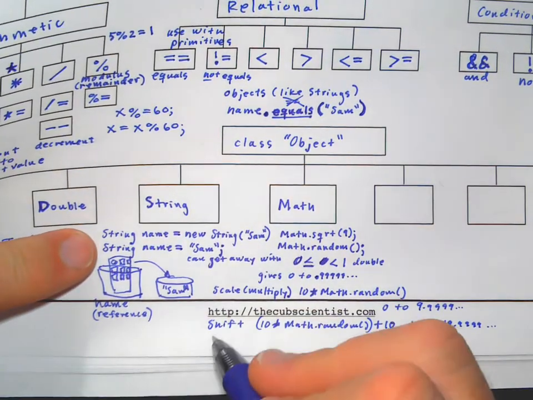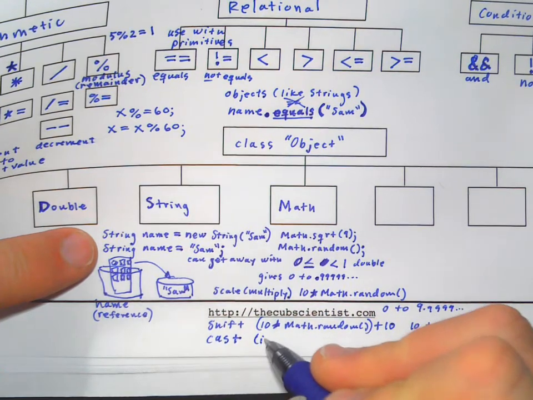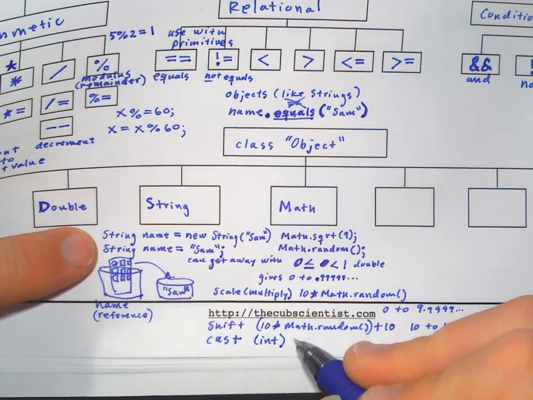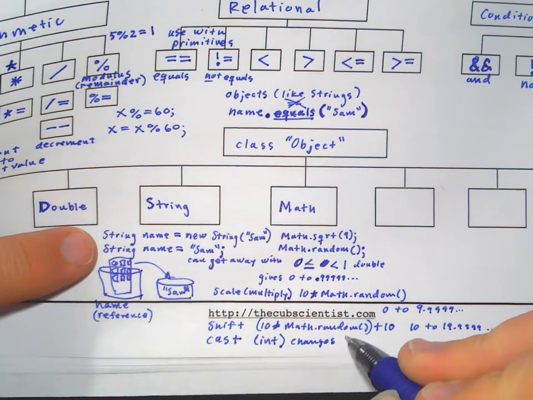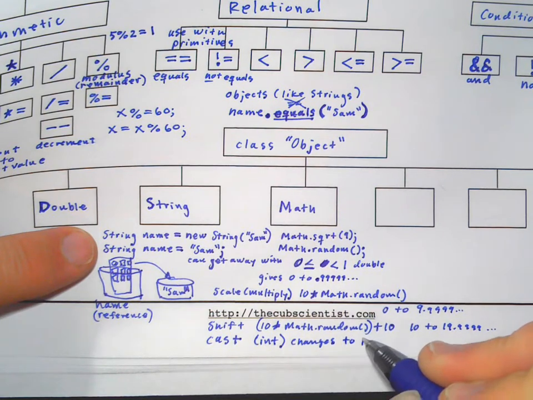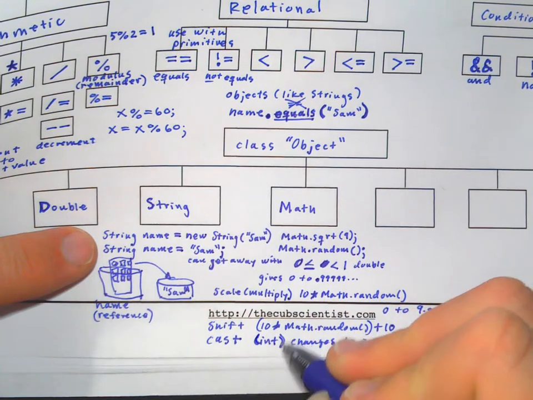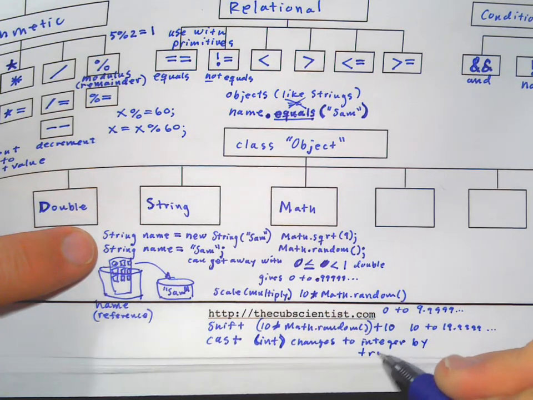We could cast it, which we often like to do, to make it into an integer. What casting does is it changes a double to an integer, casting to an int. You have to put it in parentheses in front of it. The way it does that is by truncating. It doesn't round, it just cuts off the decimals.